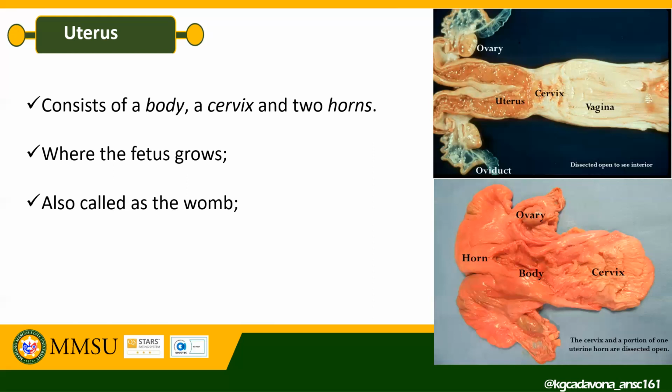Also, before I forget, another good characteristic of the uterus is that it can undergo tremendous changes in size, structure, and even position, to accommodate the needs of what is inside it, which is the fetus. Then within a couple of weeks of fertilization, the viable embryo will become established already in the uterus. Okay?